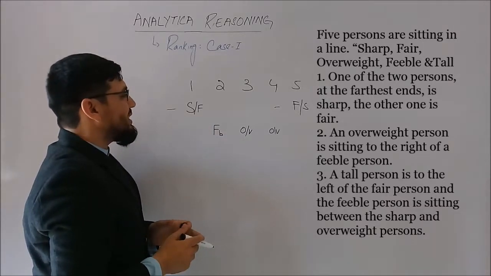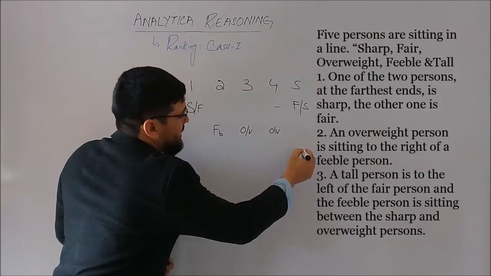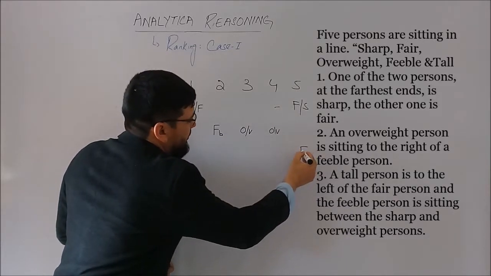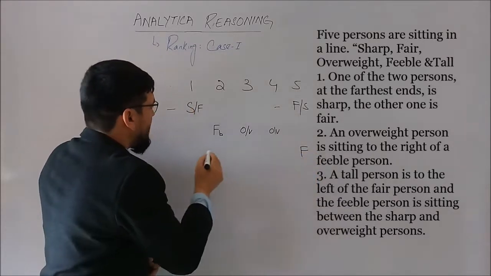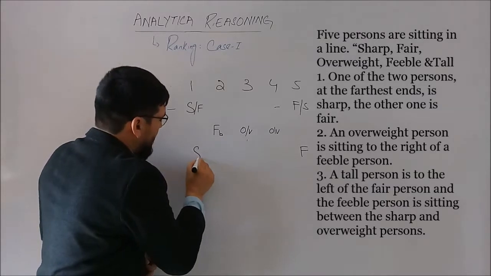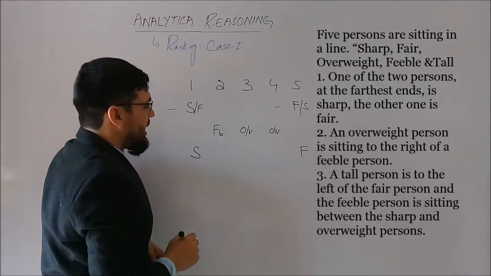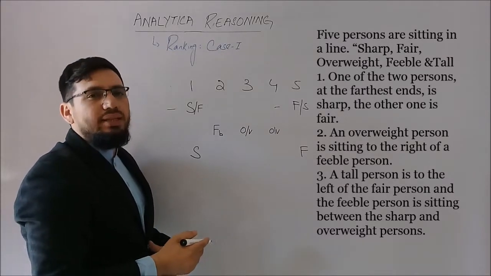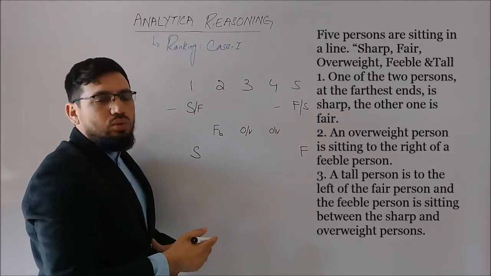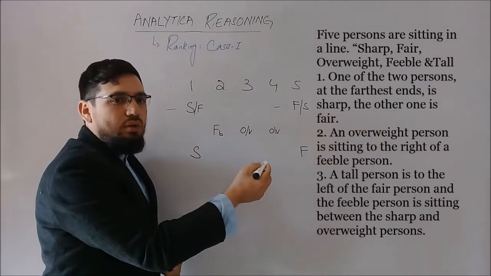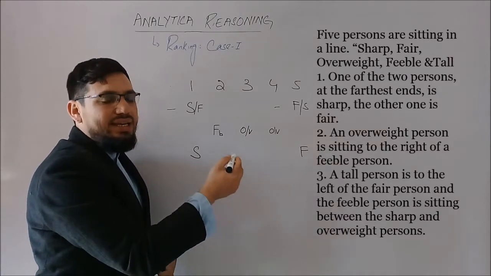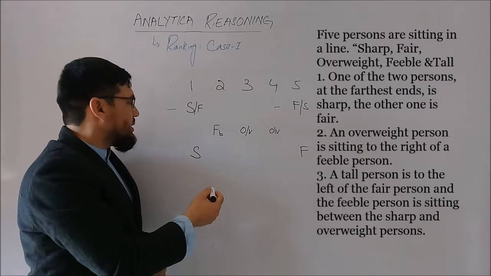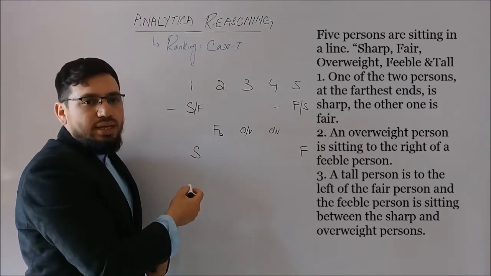It means it becomes clear that the fair person is sitting on this end, and it implies that the sharp is over here, as I've already told you about the implied information and the linked information. So knowing the position of fair, it implies that the sharp person is sitting on the other side.